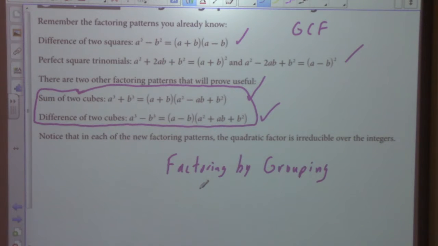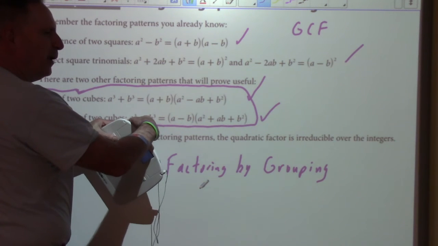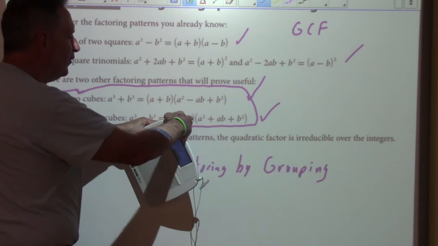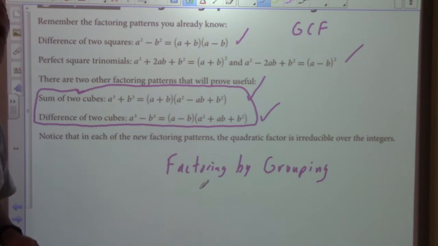Is it going to be like the same thing as the difference of squares? Well, it's a different formula here, because if this was a difference of squares, we would have a plus b times a minus b, right? But in this one here, we have a minus b times this thing here, right?